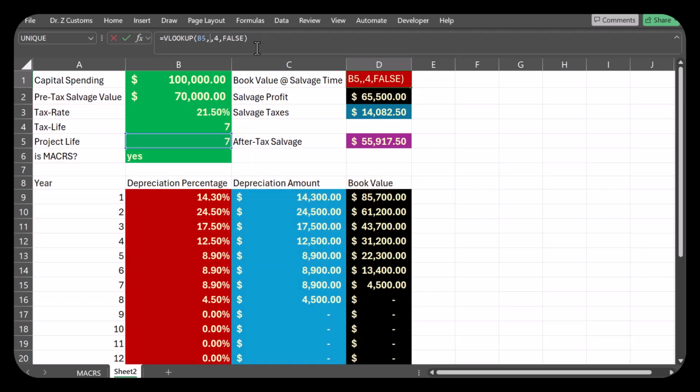Makes it easier. If you change its place, it's going to refer exactly to the same table. Let me save this and wrap it up for today.